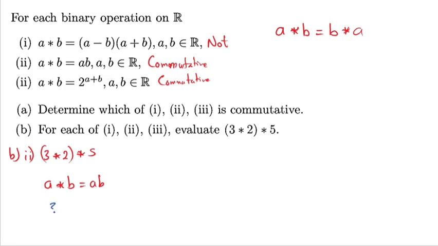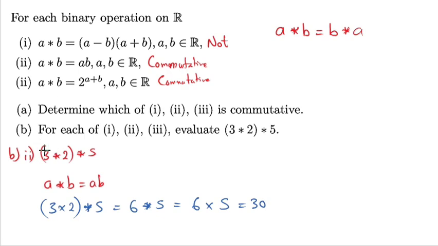So 3 multiplied by 2, then star 5. This gives us 6 star 5. And again, remember, we're multiplying these two, so this will be 6 times 5, giving us 30.